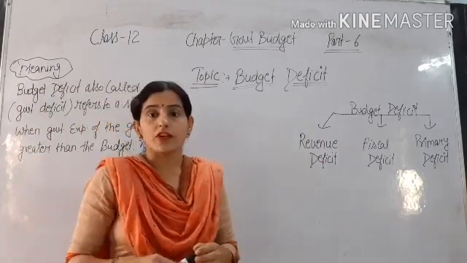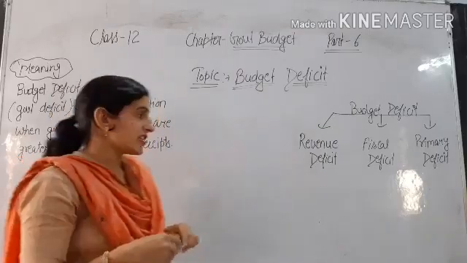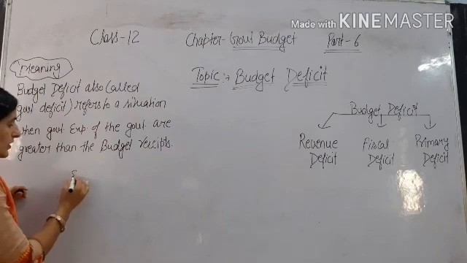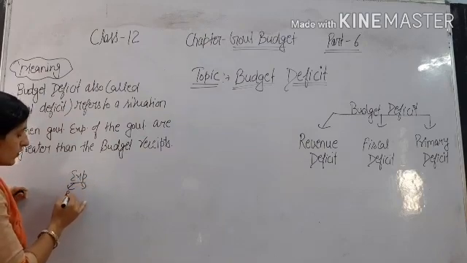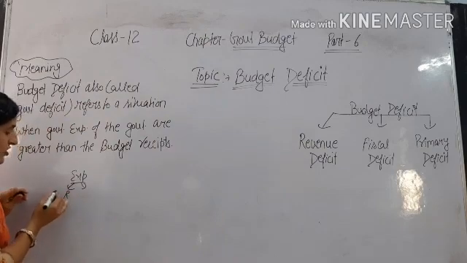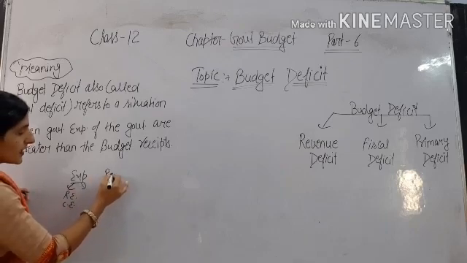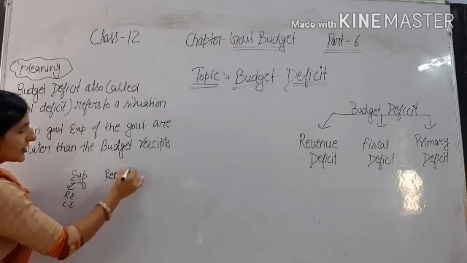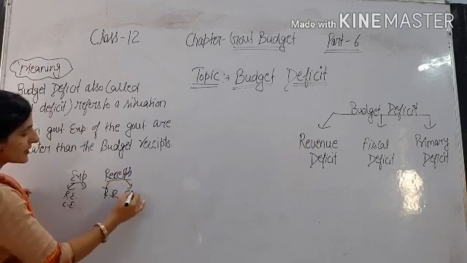It means that when the government plans a budget, there is an expenditure side and a revenue side. Expenditure will include both capital expenditure and revenue expenditure, and on the receipts side we include both revenue receipts and capital receipts.